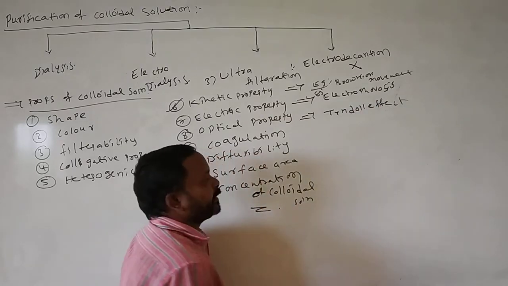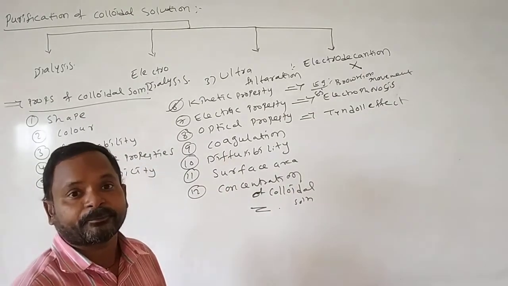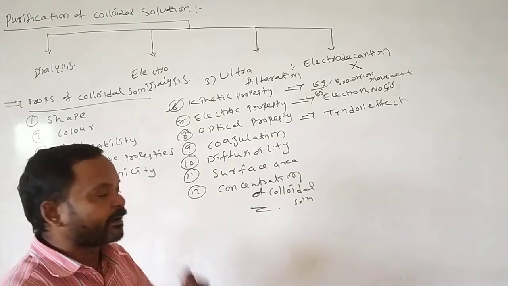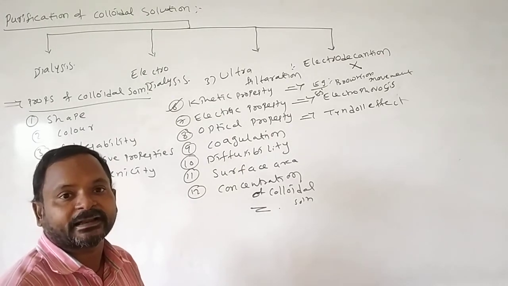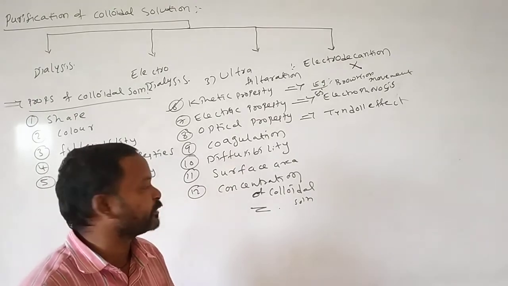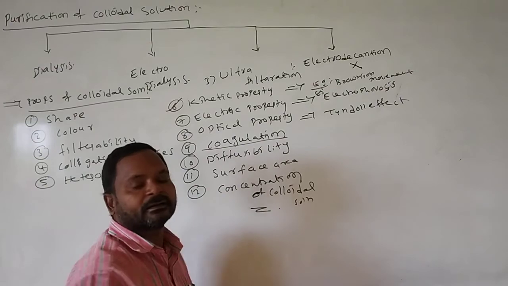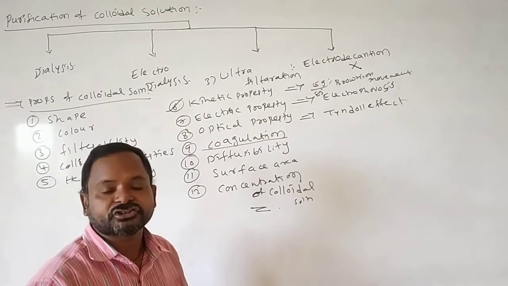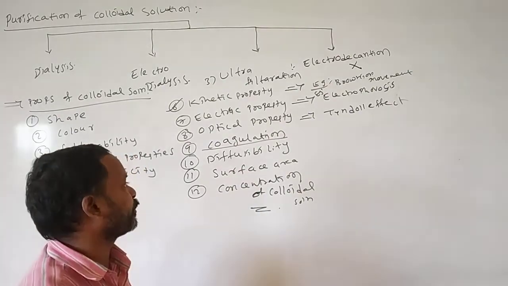Coagulation is a process opposite to peptization. What is the meaning of peptization? The conversion of precipitate into colloidal solution by the addition of electrolytic solution is called peptization. Coagulation means the conversion of colloidal solution into precipitate by the addition of electrolytic solution.